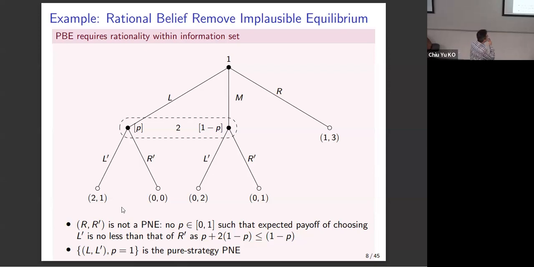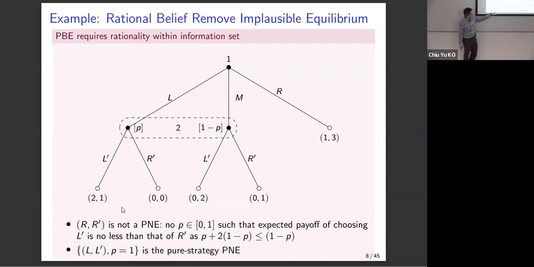And no matter what P you assign, you always choose L prime, unless you put 0 on both nodes, but you can't. The restriction is that you put P on the left and 1 minus P on the right, or one way or the other. You cannot put 0 on both. But in that case, you would not choose R prime. You would choose L prime.